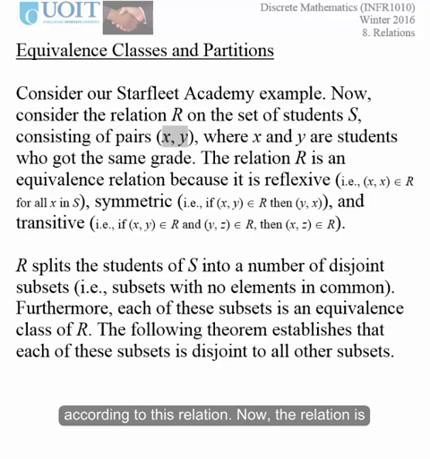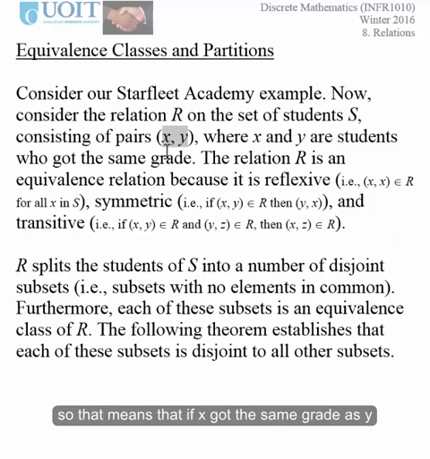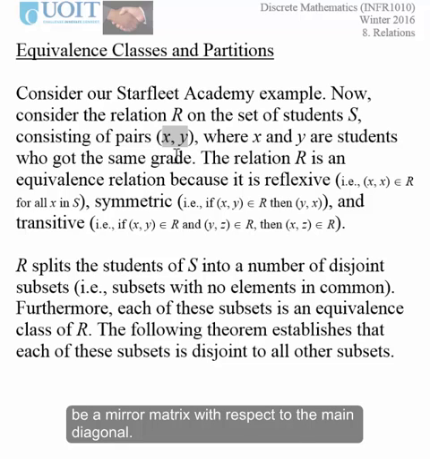Now, the relation is an equivalence relation because it's reflexive. That means that if X got the same grade as Y, then Y got the same grade as X, right? It is symmetric because if you look at the matrix for this relation, it's going to be a mirror matrix with respect to the main diagonal.